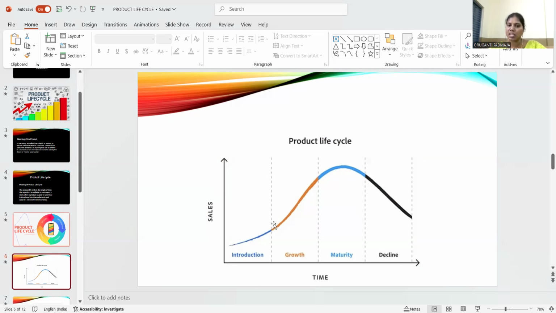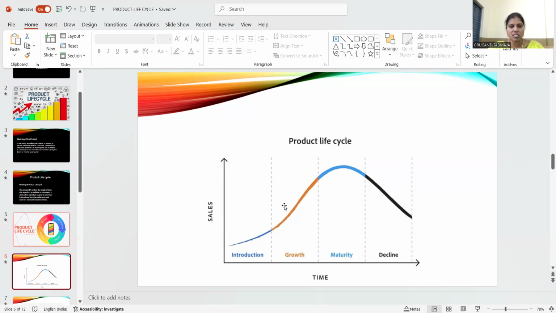The first stage is introduction. The product is launched, marketing efforts are high, and sales begin to grow slowly.